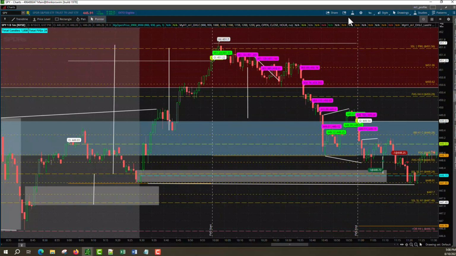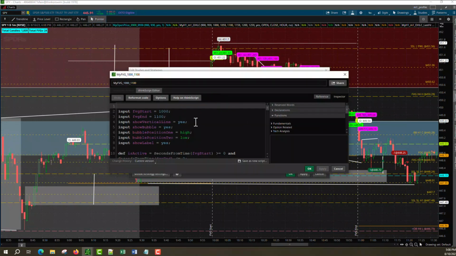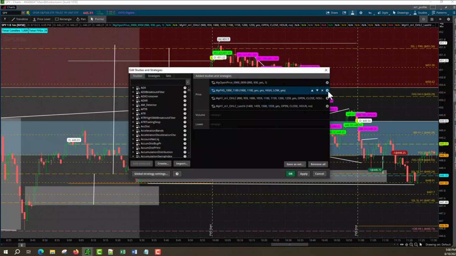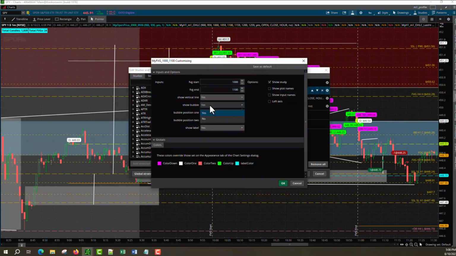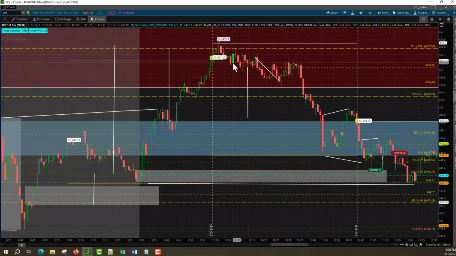Okay, let me turn off the fair value gap indicator, the bubble chart. It's easy to see. So we have 10.18 right here.